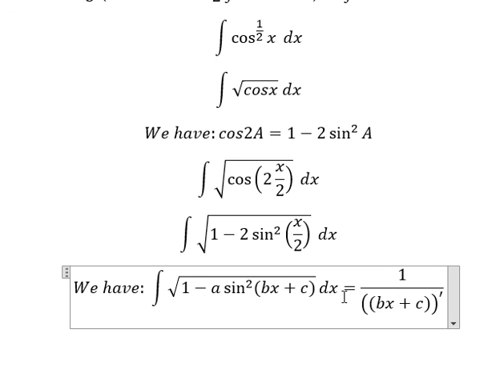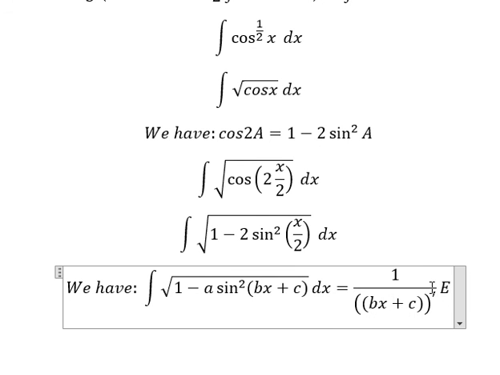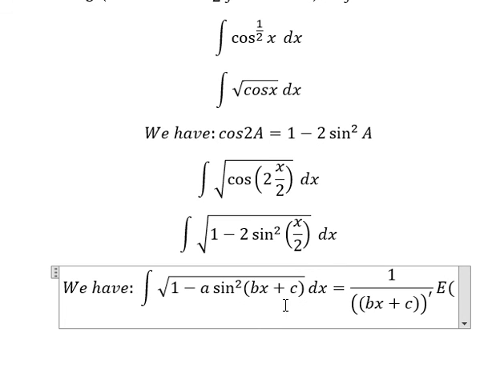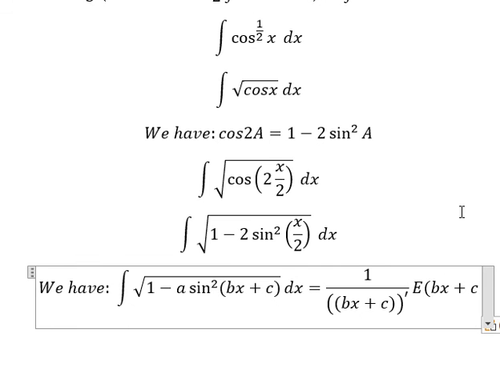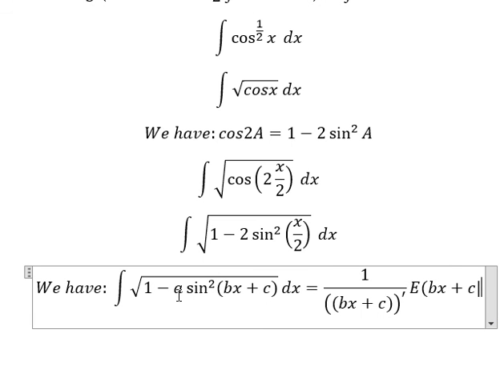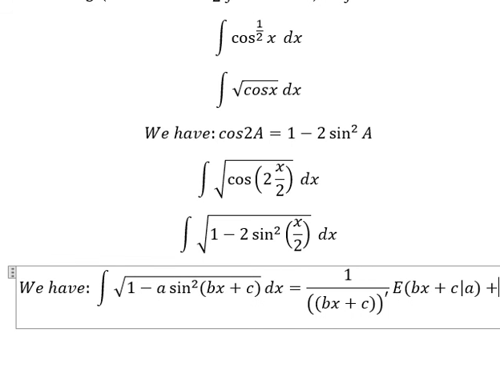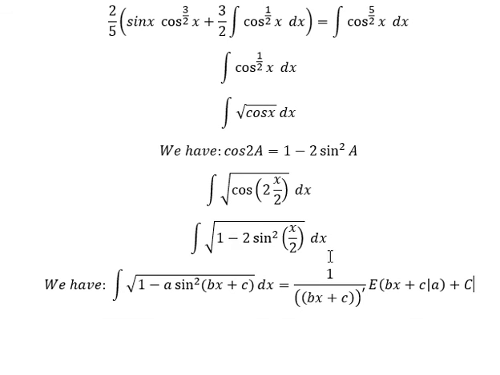And now we have E. This is the elliptic integral of the second kind. And I will put bx plus c here. Then I will put the coefficient, that's a, here. And then I will put c.